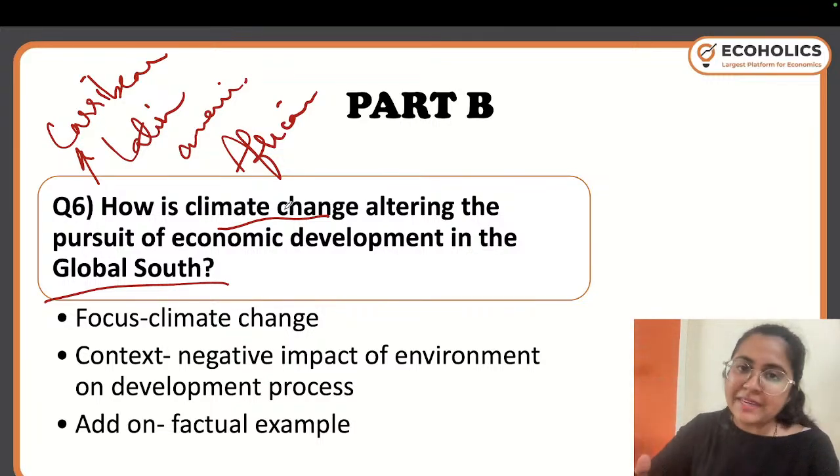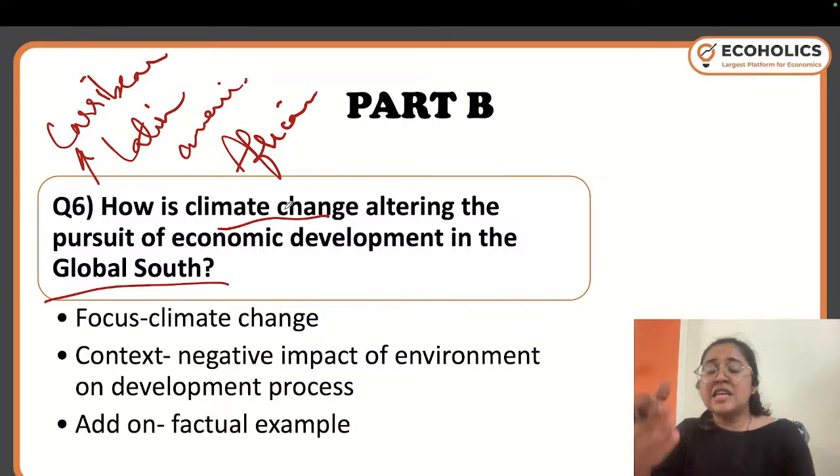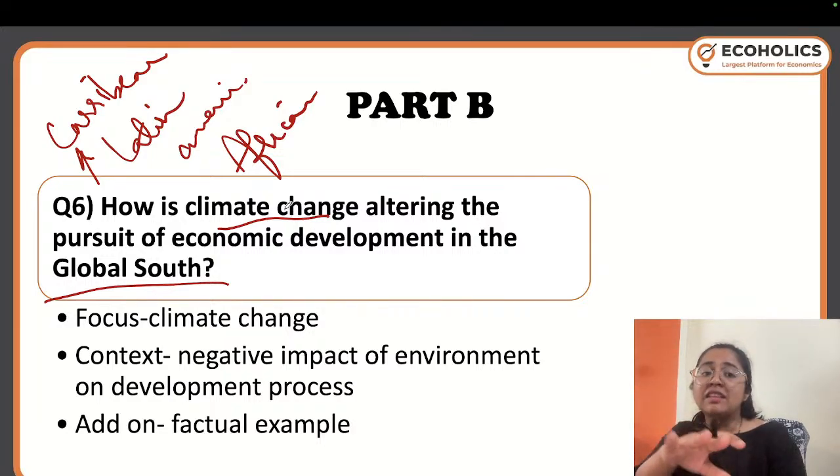When the environment gets impacted, it is going to backbite the development process by problems forced by climatic change. Now, this is a huge issue in these different countries of the global south.